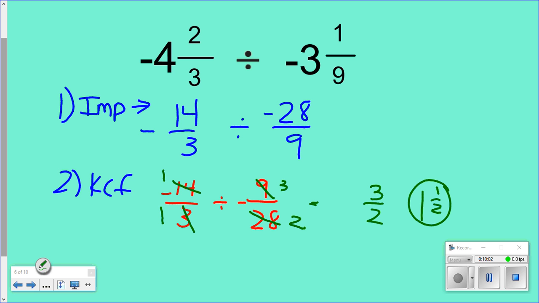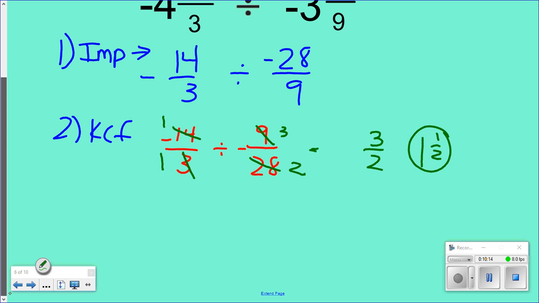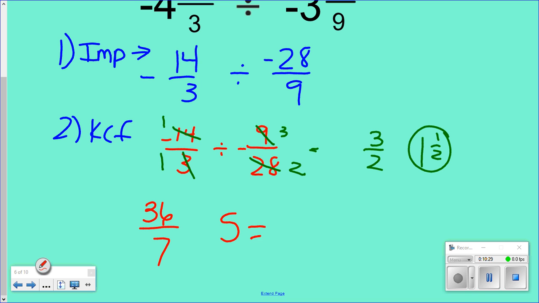Now, people ask me all the time, do I need to change to a mixed fraction? It kind of depends on the teacher. Like Mr. K likes kids to keep it in improper fractions. I like to see mixed numbers. The reason is this, because let's say this is my improper fraction. What does that mean? Does that mean anything to anybody? To me, I don't know what that is. If I at least change it to a mixed number, it's 5.